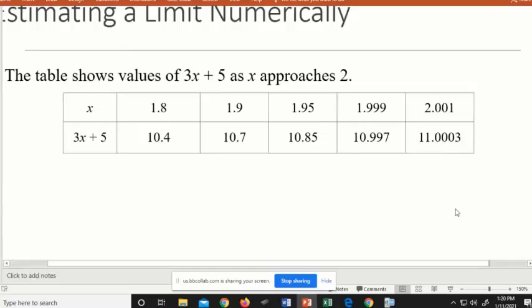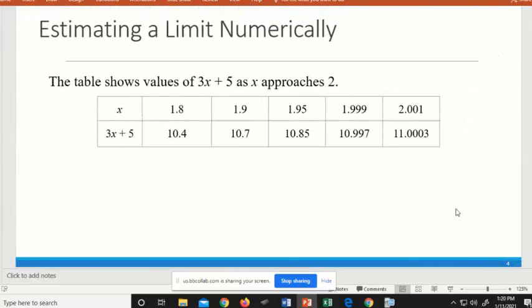Okay, so what we can do other than graphically is to estimate a limit numerically, and all this is taking is the same function, the same graph, which was a function y equals, or f of x equals 3x plus 5.